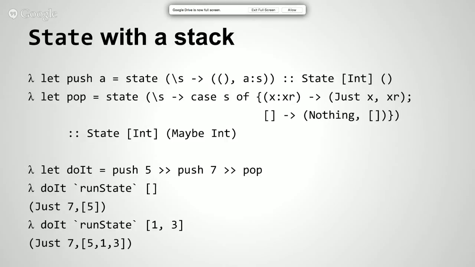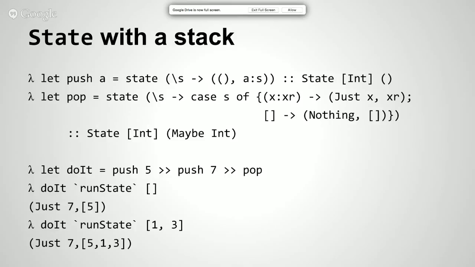And then we have pop, which is a stateful action that if the state is the empty list, it returns nothing and doesn't update the state. State stays the empty list. And if the state is a cons of x and xr, it returns just x, and it changes the value of the state to xr.